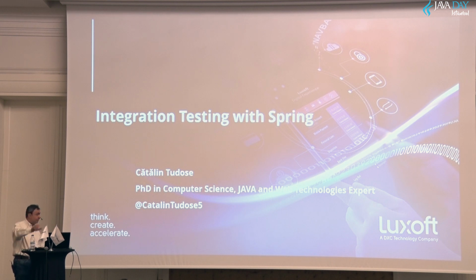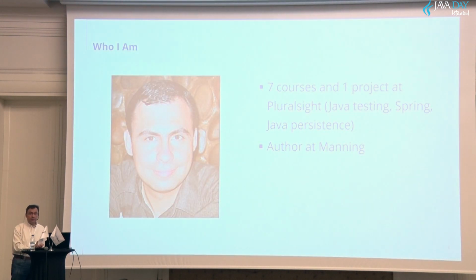A few things about myself to briefly introduce. I'm currently acting as a Java and web technologies expert in Luxoft in Romania. I have a PhD in computer science, and my current activity is mostly dedicated to spreading the knowledge about the technology. I'm currently conducting courses inside our company.